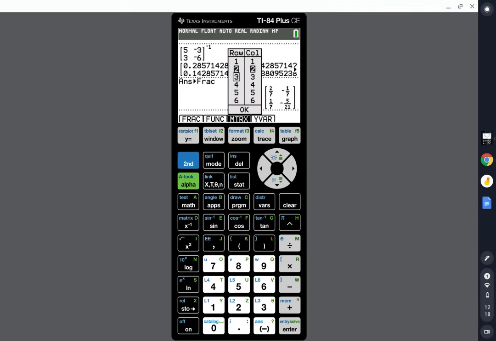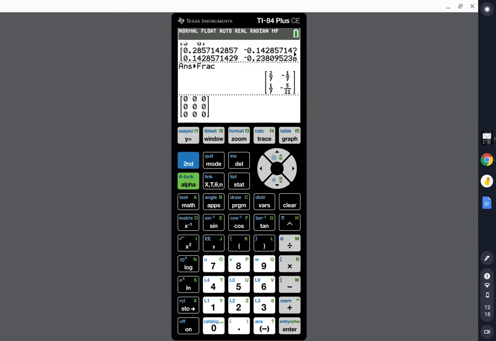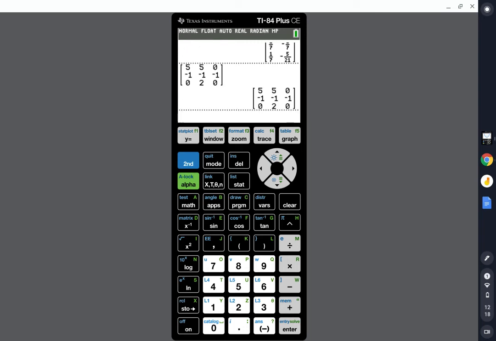I need a 3 by 3 matrix. There it is. And 5, 5, 0, -1, -1, -1, 0, 2, 0. Okay, there it is.